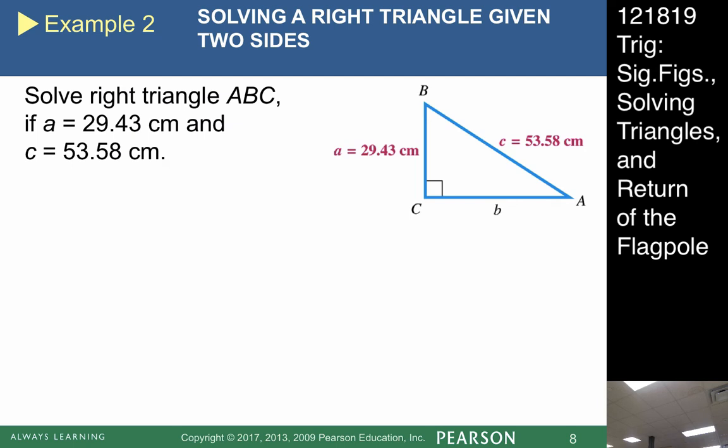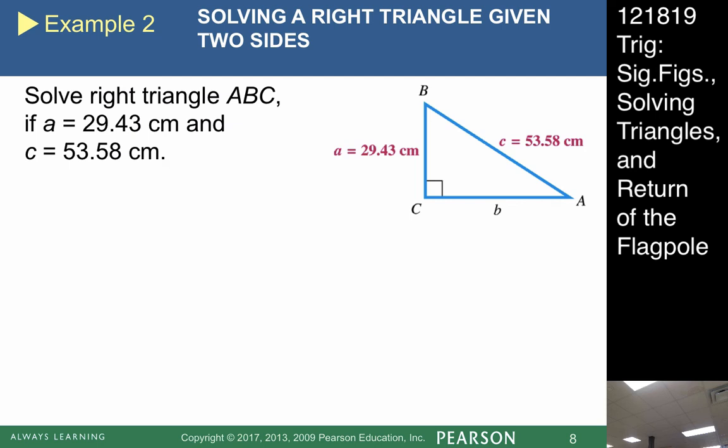What other ways could we get there? You can use any of the angles, right? So what else could we do? Oh, the Pythagorean theorem.